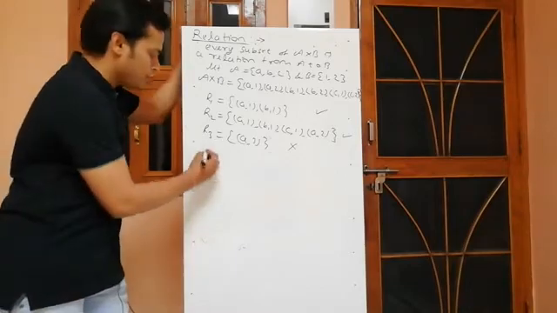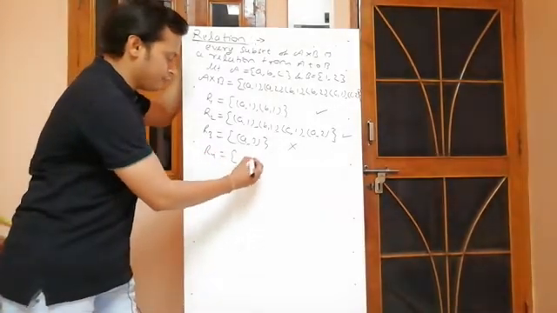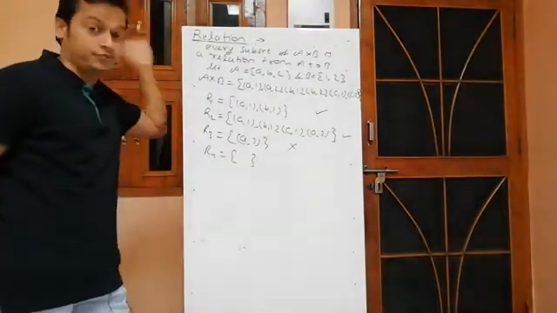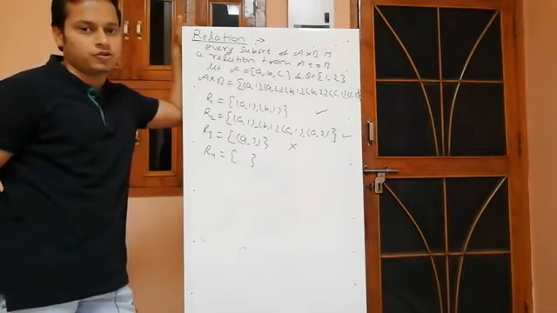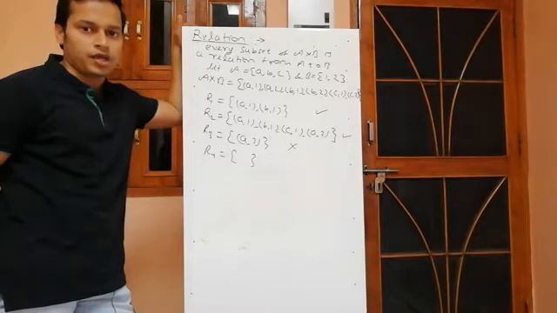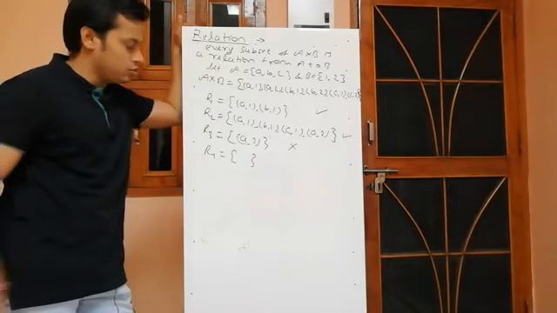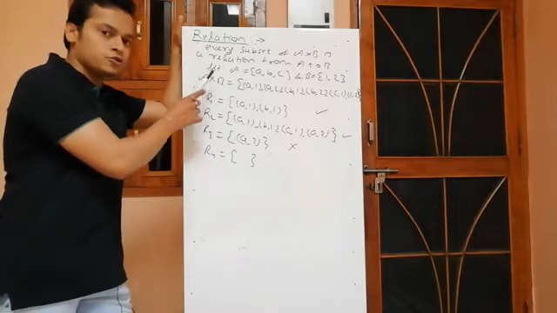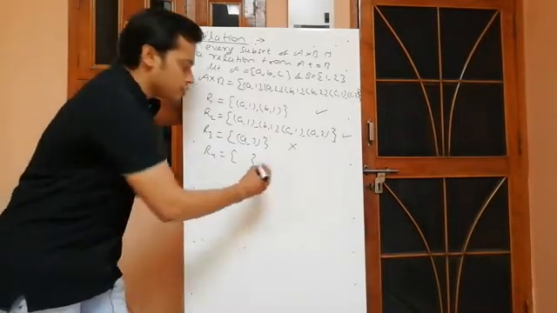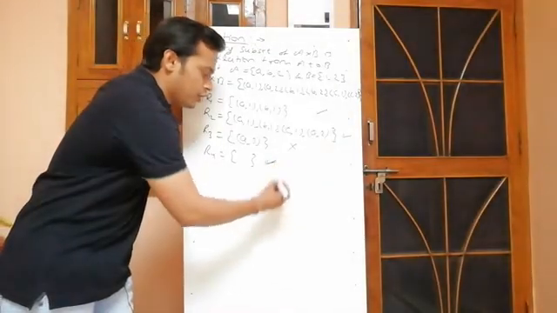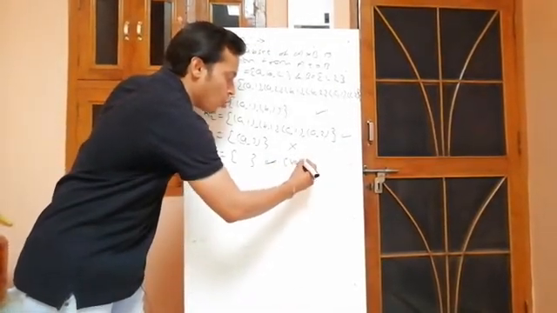Now R4. Check this one: is it a subset of A cross B or not? Yes. The empty set phi is a subset of every set. So if it is a subset of A cross B, then it is also a relation from A to B, known as the void relation.